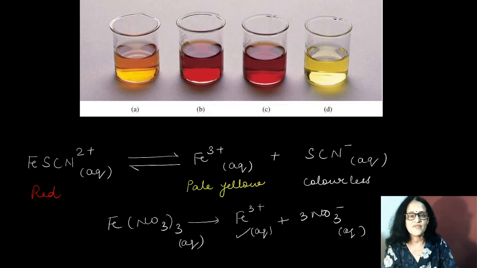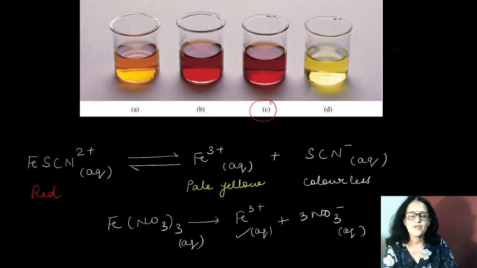The direction in which equilibrium will proceed can be predicted with the help of Le Chatelier's principle. Ferric ion will combine with thiocyanate ion and form iron thiocyanate ions. It means the reaction will proceed again in the backward direction and the intensity of red color will increase, which is shown here in beaker C.